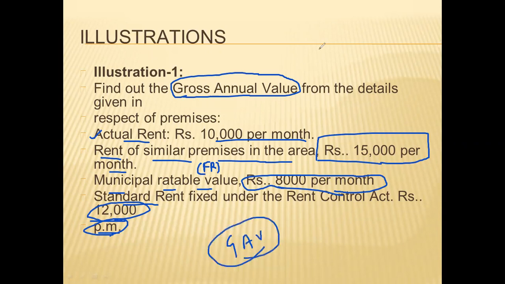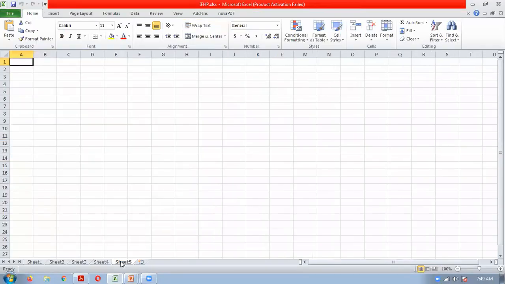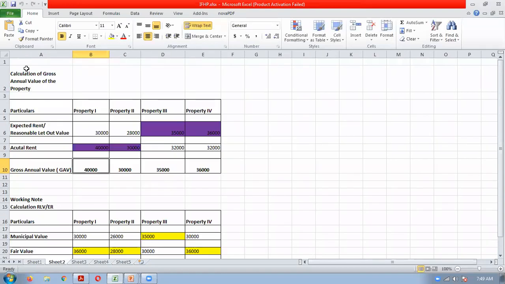It is a simple illustration. Let us try to solve this. So we'll take the format. Standard rent is there.